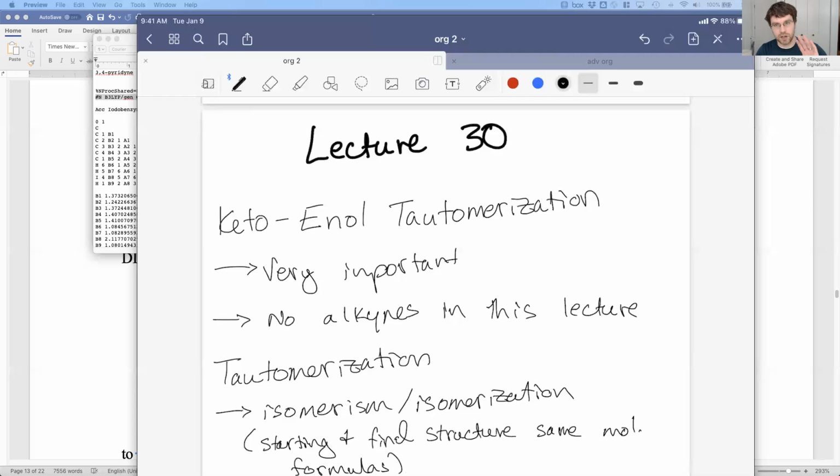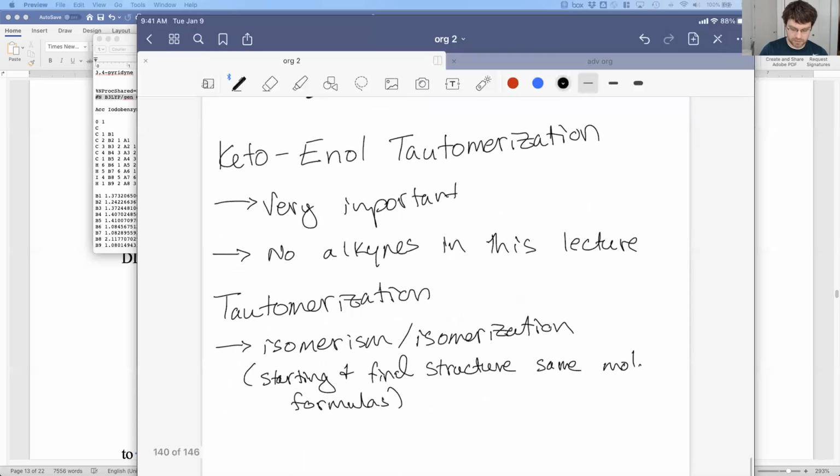Okay, so let me just start by saying that this is a rearrangement of sorts. We're going to take our molecules and rearrange all the elements, but we're not going to add any elements. We're not going to take away elements. Same elements in and out.